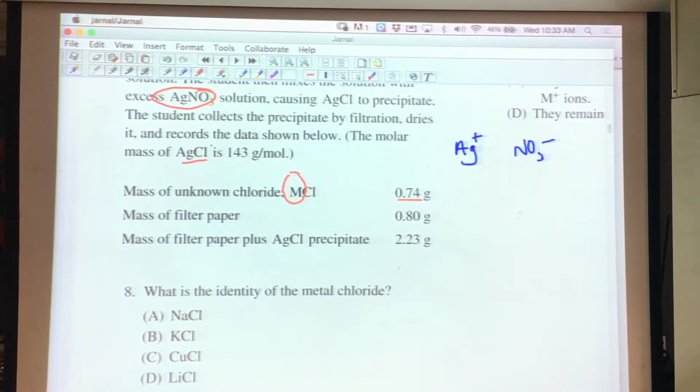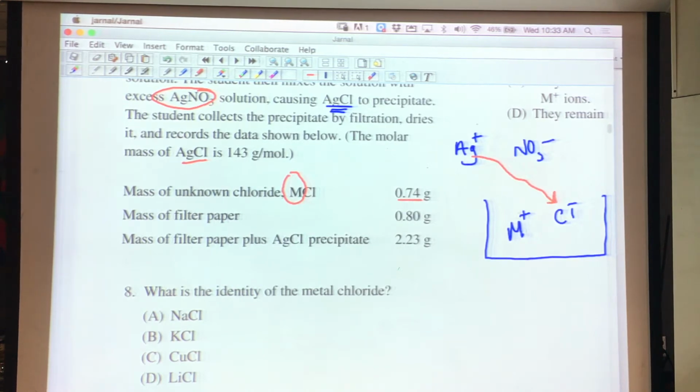Now, what do we know? They told you the precipitate was AgCl. So when we dissolved M, which we knew was +1, and Cl negative in a beaker, and we dropped in the silver nitrate, the silver hooked up with the chloride to make a precipitate, and this hooked up.